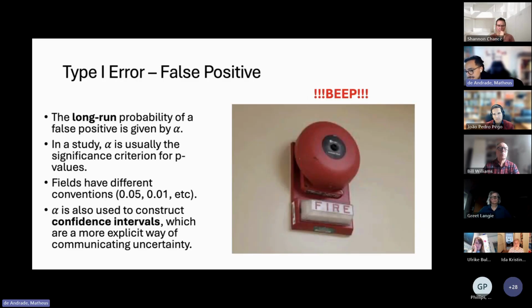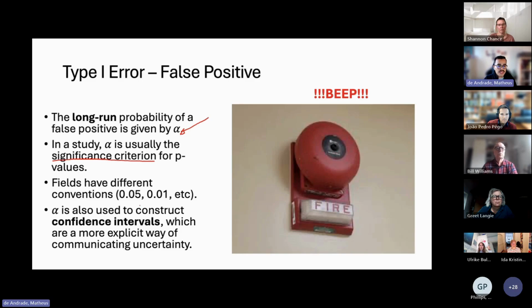So let's start now linking a little bit more closely what the type 1 error, the false positive, or in other words, the alarm that goes on when there's no fire, means statistically, and how we should report it. So when you're doing statistics, you will normally report something like your alpha criterion, or your confidence interval, and that's usually the significance criterion that you choose for p-values.